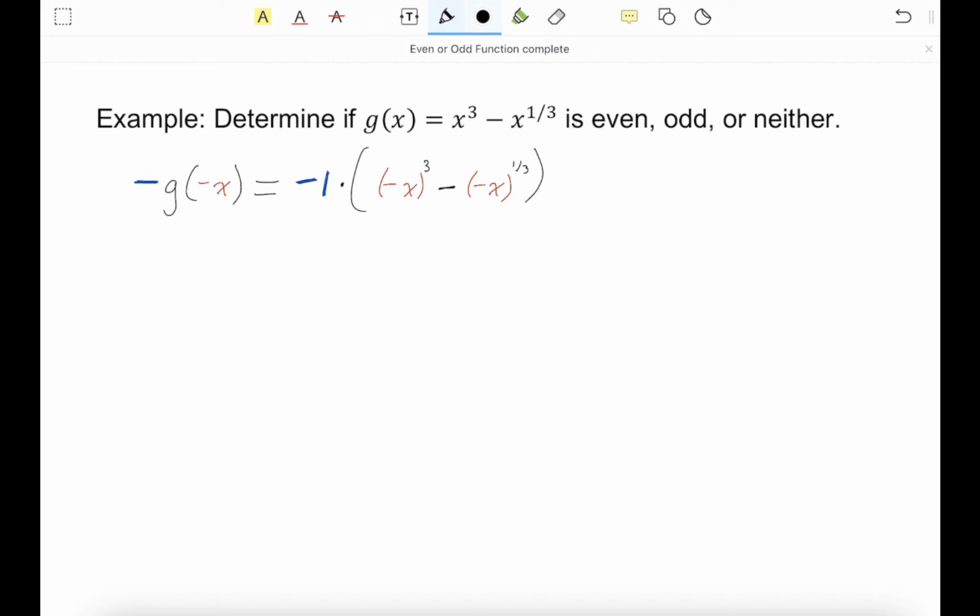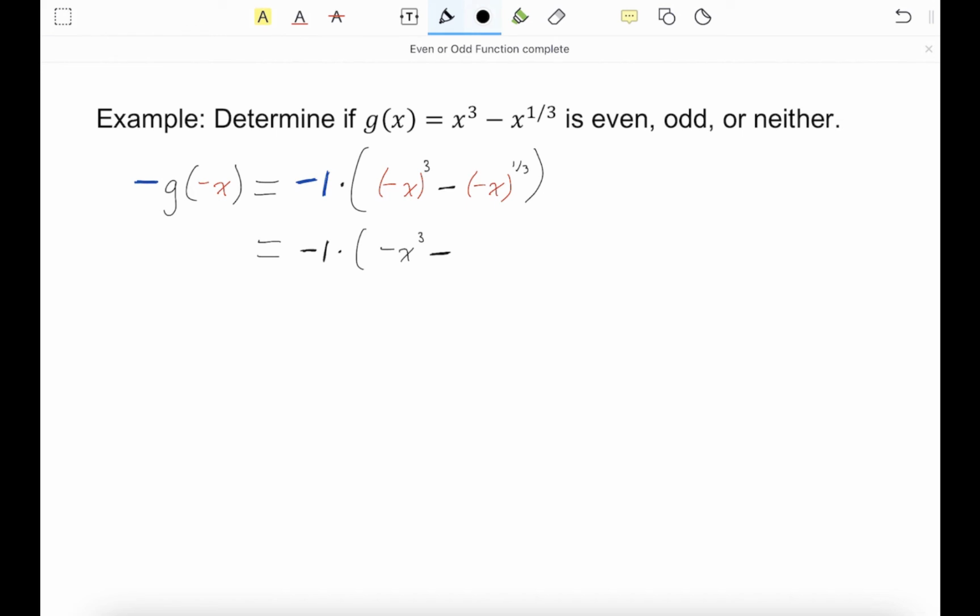There we go. And now we still have this negative 1 out here, times negative x to the third power, which is the same as negative x cubed. And we're subtracting the cube root of negative x.